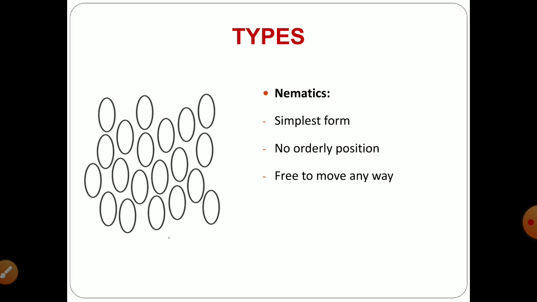As you can observe on your display, the nematics are the simplest form of liquid crystals, but all these forms are arranged in no order position. There is no alignment, there is no structured arrangement within your nematics.